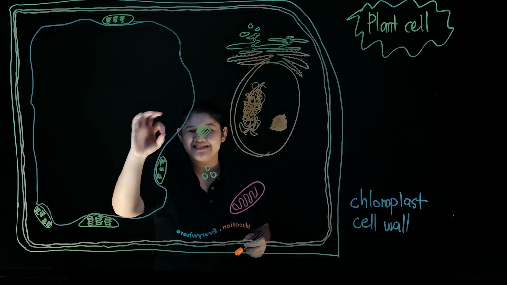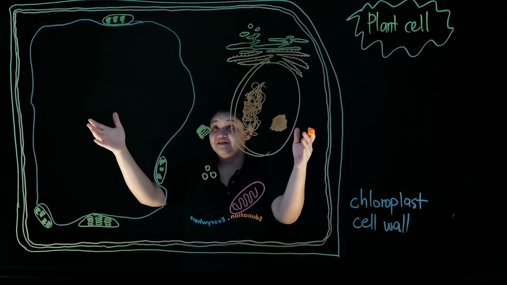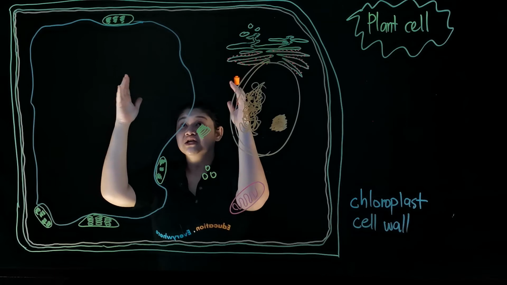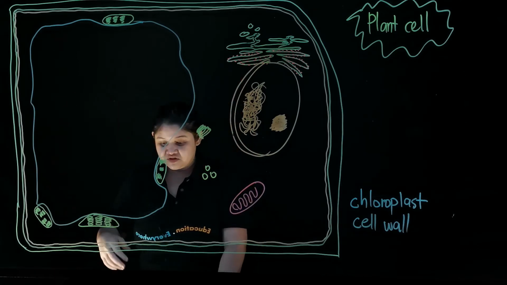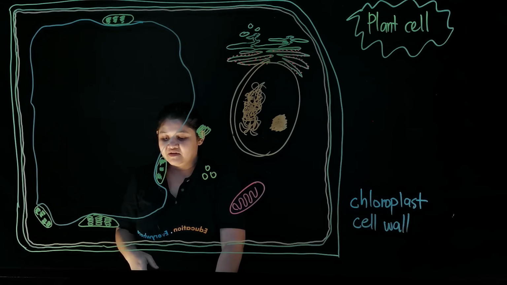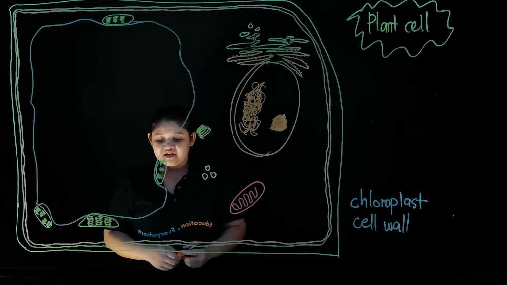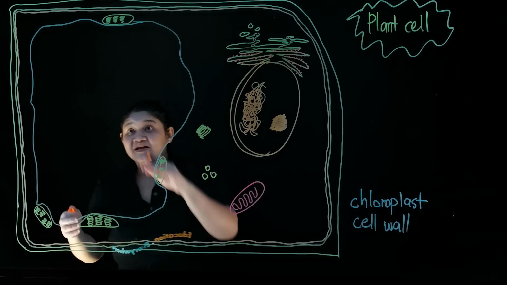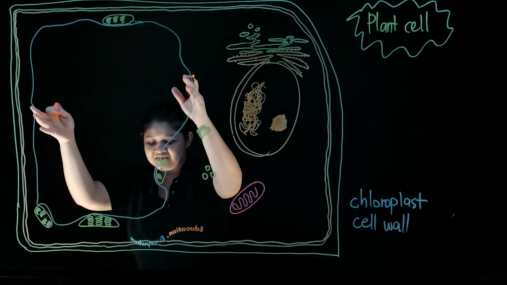It is a tiny bit there, but have a look at the plant cell: the vacuole is huge. Why is the vacuole big in the plant cell? I'm just going to write it because I have a huge space here.